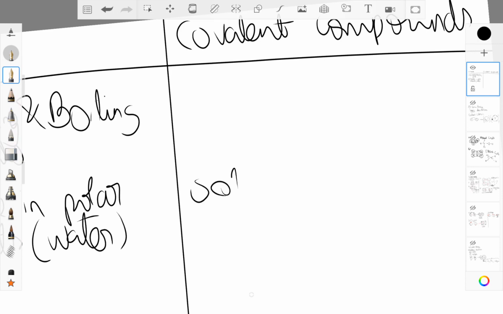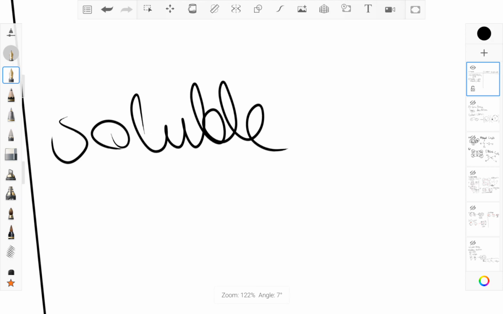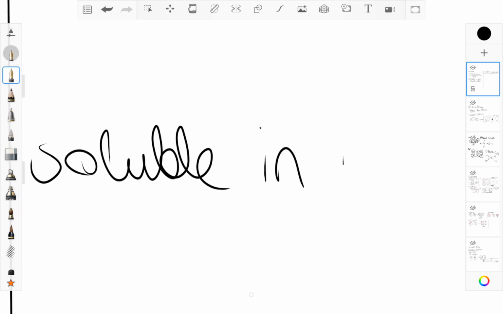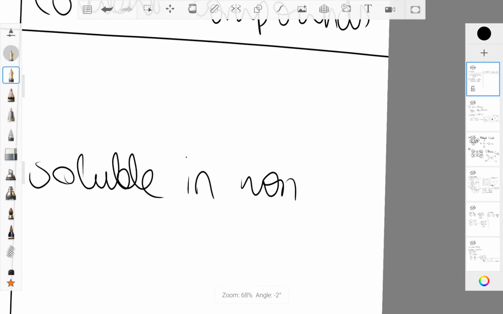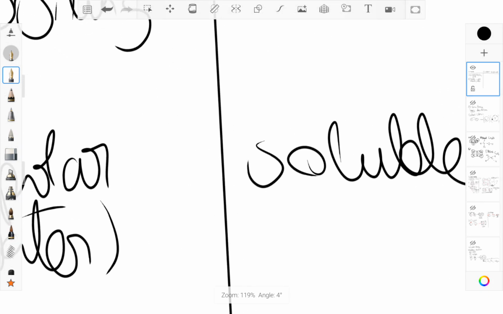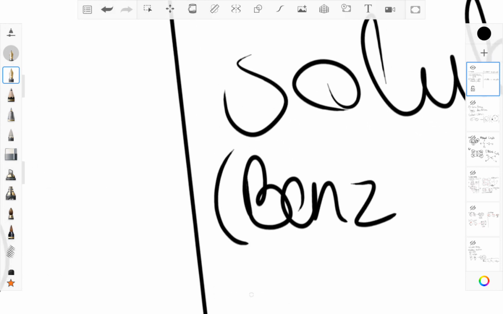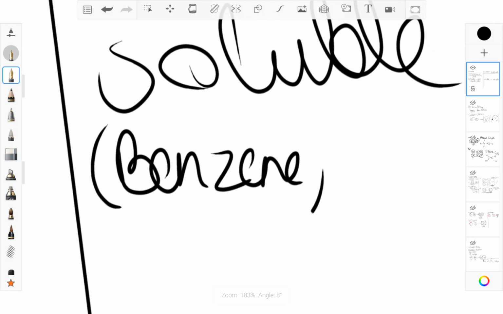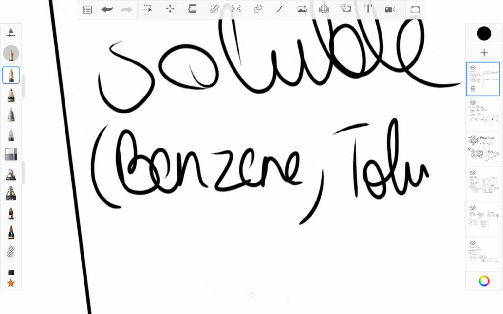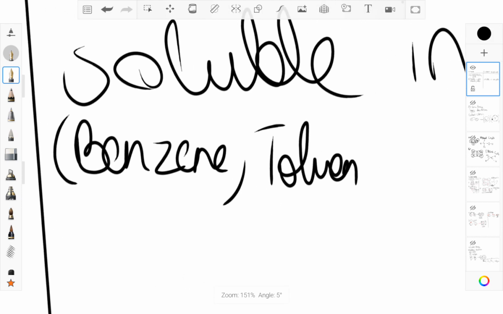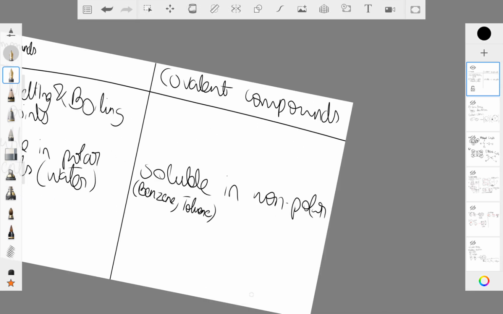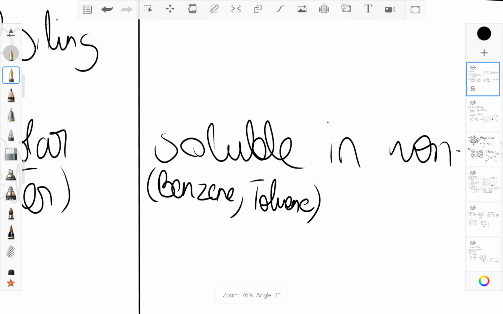Rather, they're soluble in non-polar solvents. You don't need to know this for the IGCSE, but for example, benzene, toluene. I don't think this is the right spelling, but toluene is a non-polar solvent.